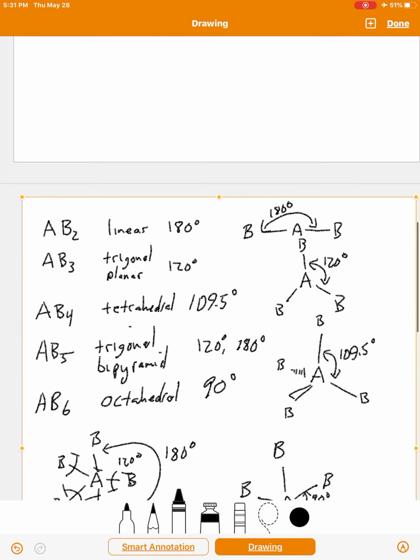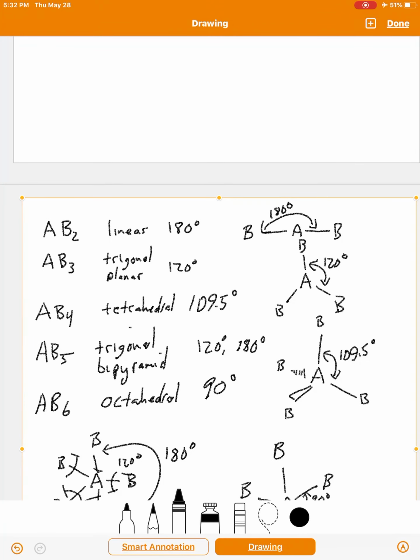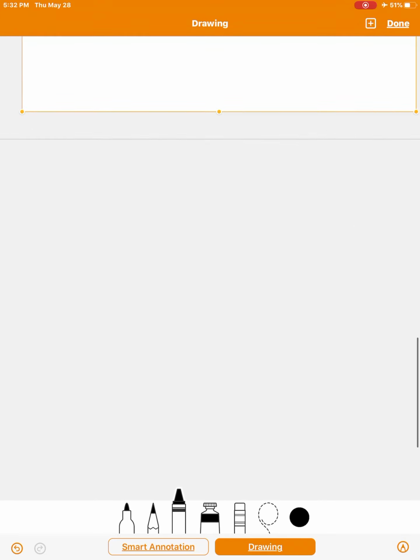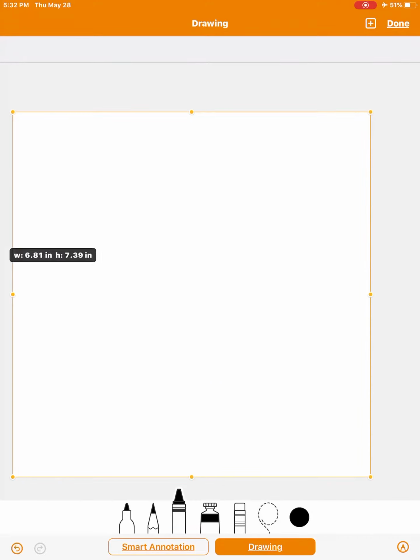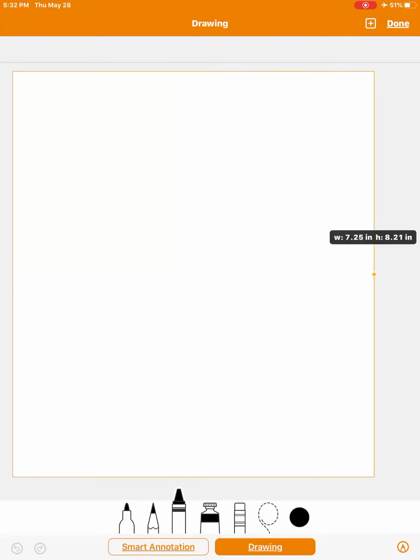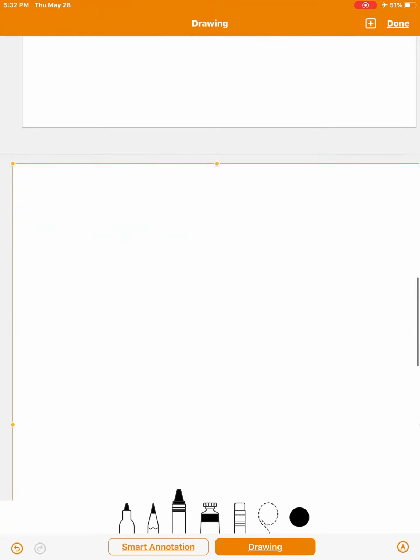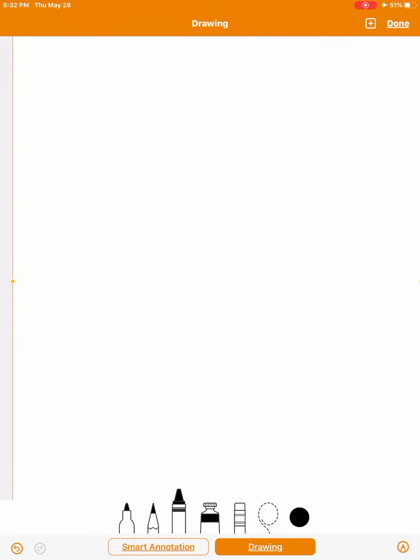So the SO3 falls into the trigonal planar. This one right here. But we also have some other arrangements that have lone pairs on the central atom. And so I'm going to show you a couple of those, not all of them, but at least a couple. So let's try AB2E2. Remember what that means?